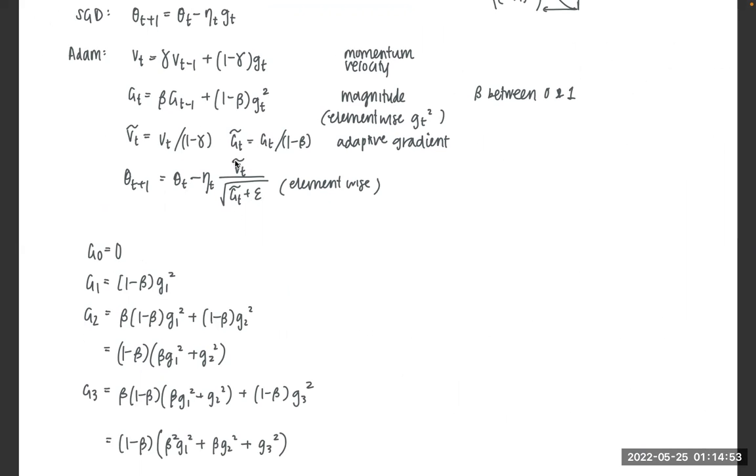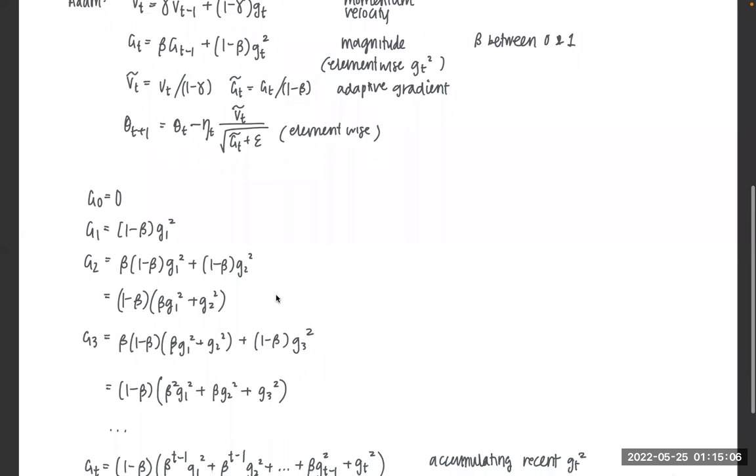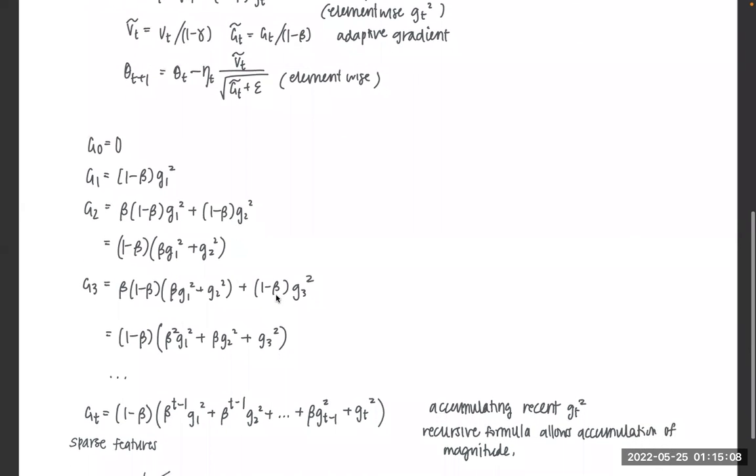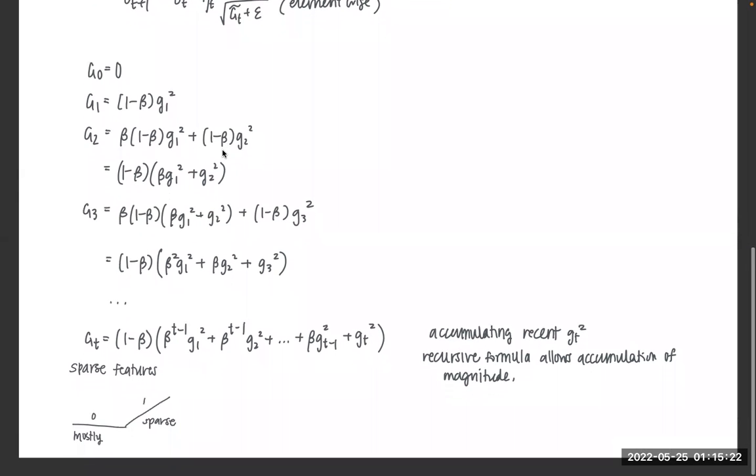Then we update according to accumulated G_t, but we also divide by the magnitude, so that those parameters with derivatives of small magnitude will be updated more, because we divide eta_t, which is the scalar learning rate, by the square root of the accumulated G_t squared.